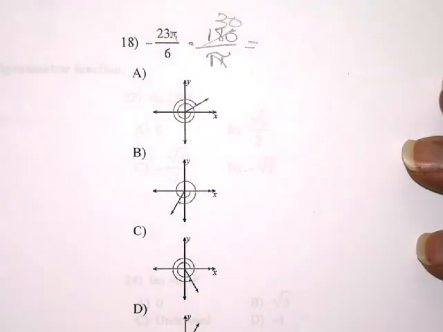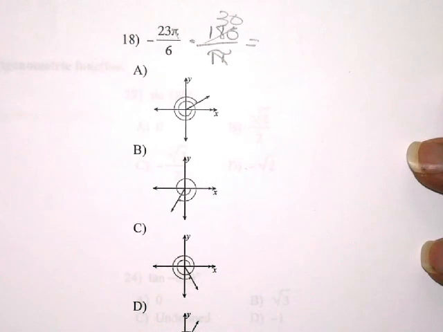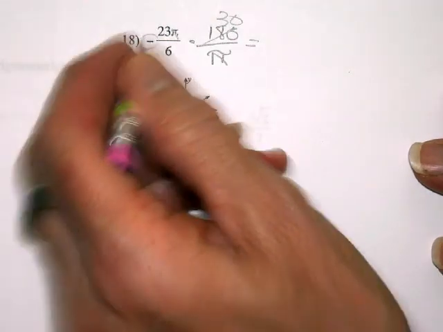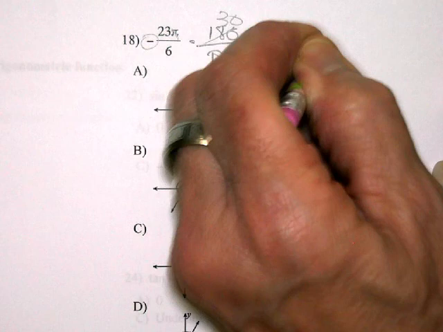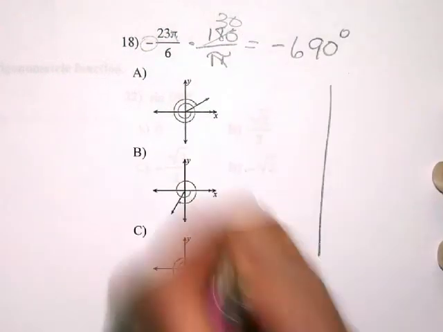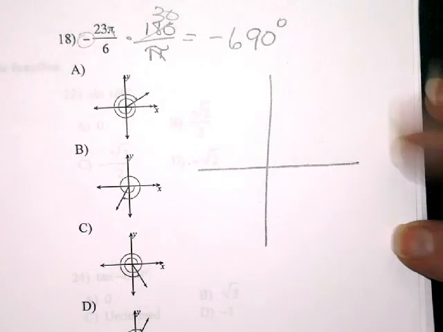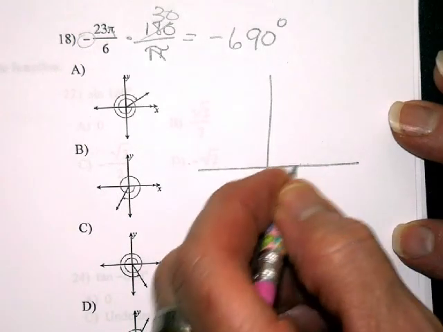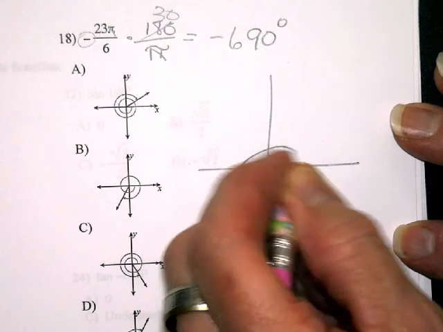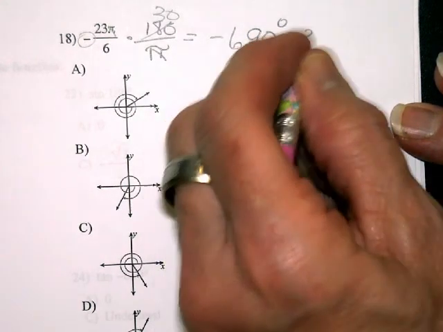We take it times 180 over pi, so the pi's cancel. 6 goes into 180, 30, and then 23 times 30 is 690, I believe. Yep. So I'm looking for a negative 690 degrees.